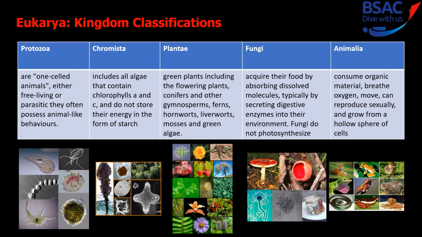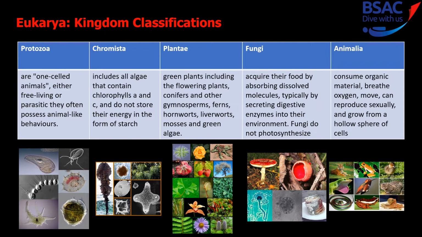The kingdom of plants includes flowering plants, conifers and other gymnosperms, ferns, hornworts, liverworts and mosses, but we will only consider some plants like green and red algae, as well as underwater grasses. We will not consider fungi, even though there are fungi in the marine environment.